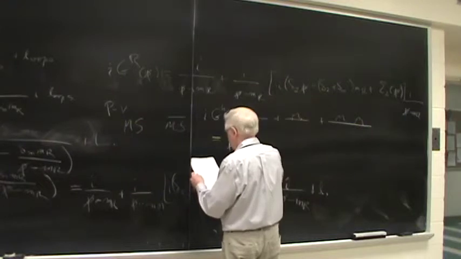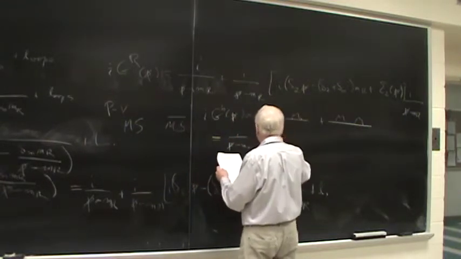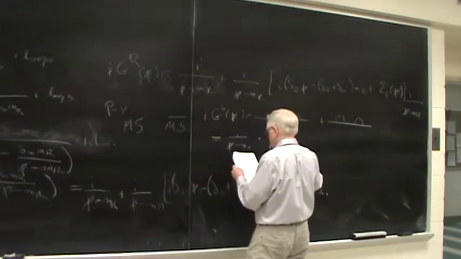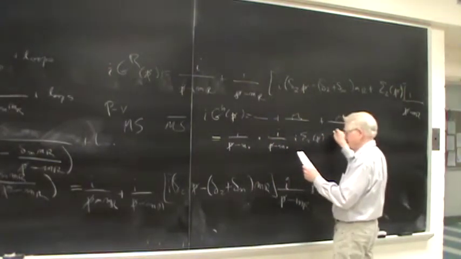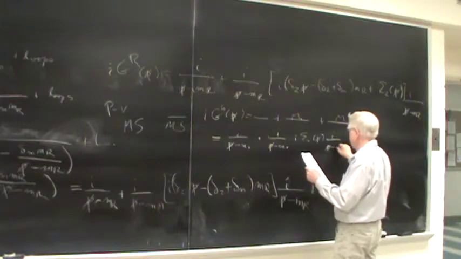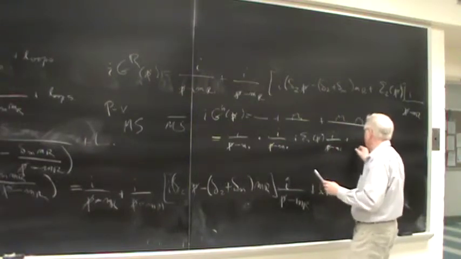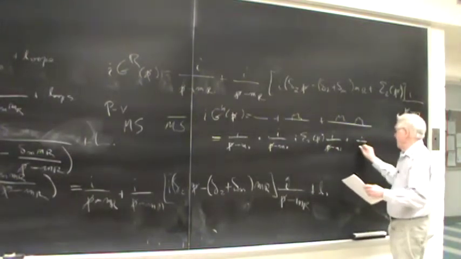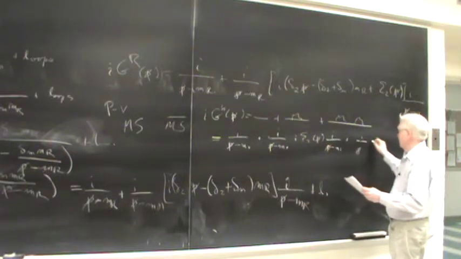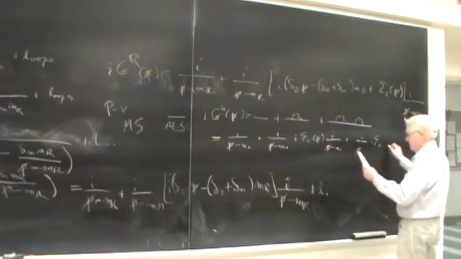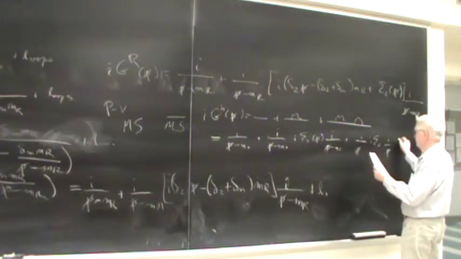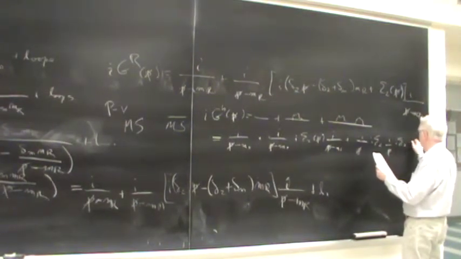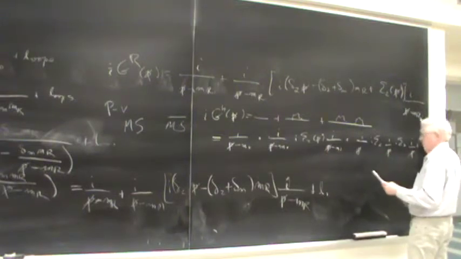I over P slash minus M0, I over P slash minus M0, I sigma 2 P slash I over P slash minus M0, plus, and so forth.